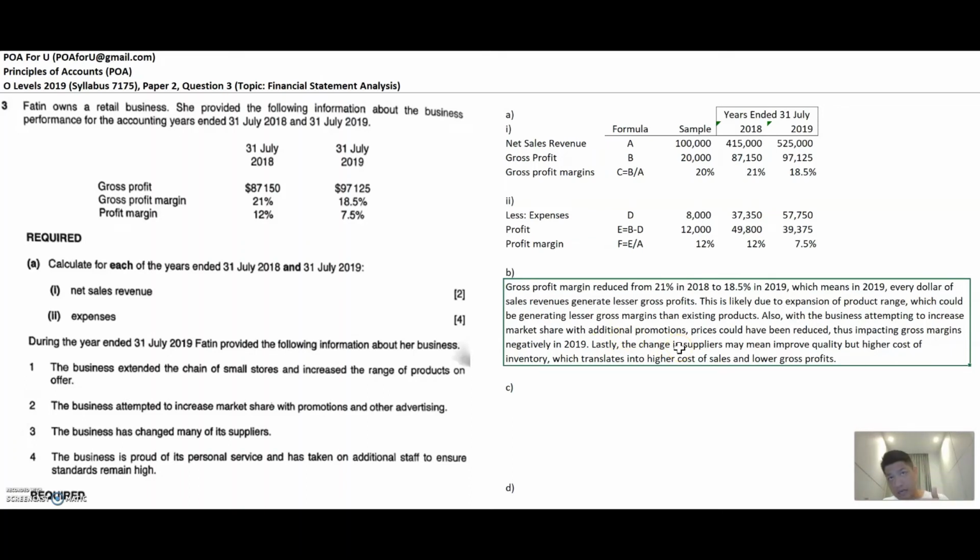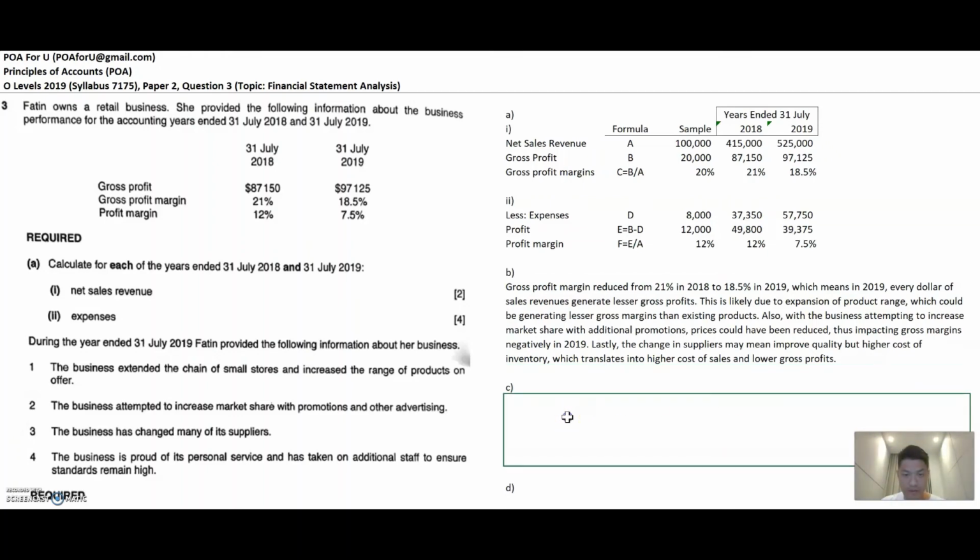So when prices go down, your gross margins will be impacted. And also, they had some new suppliers. Maybe they changed the suppliers because of higher costs or whatever reason, but the new suppliers would come at a higher cost to them. So it will increase cost of sales, therefore lower gross profits.